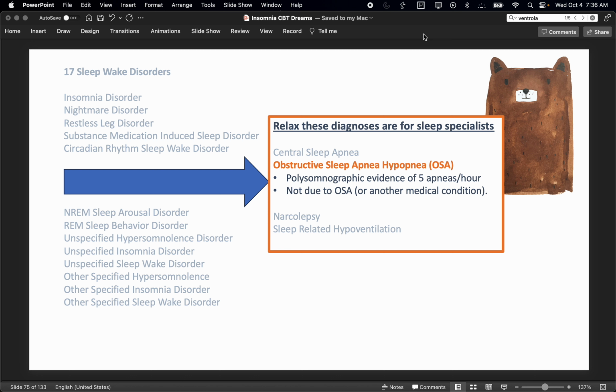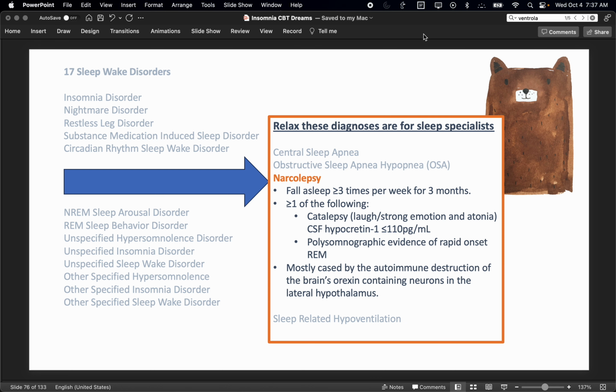They like to use terms like redundant tissues to make people feel better, but that buildup can actually cause people to not be able to breathe, from the normal musculature physiology, and so they end up getting an obstructive sleep apnea. It's still the 5 apneas per hour, same as central sleep apnea.